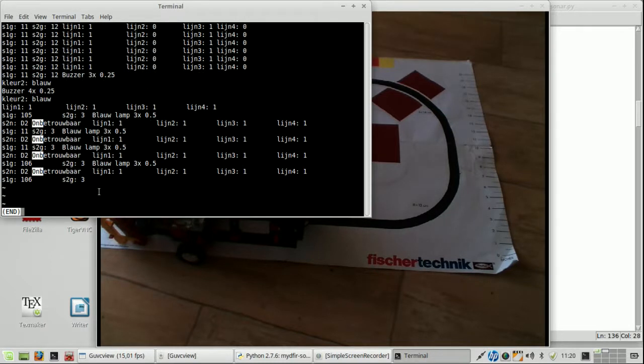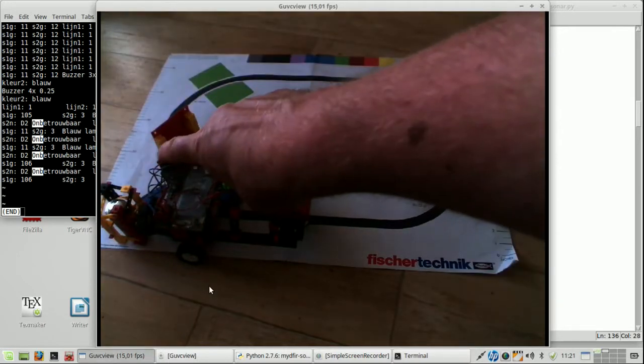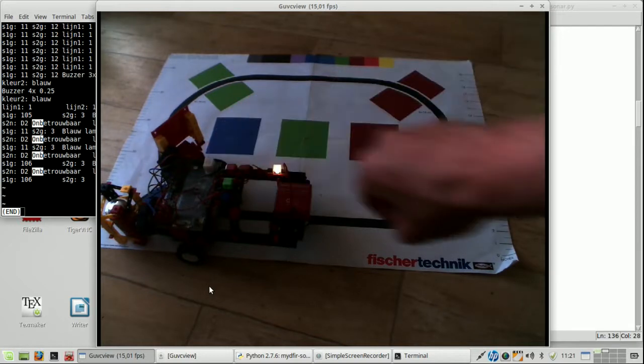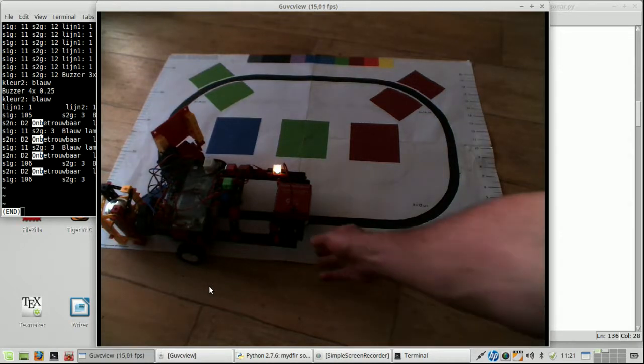Oh, look at this. It senses blue. So actually D2 senses blue. Well, that makes sense. And that's about the only thing that makes sense.